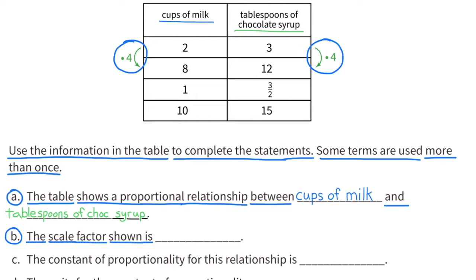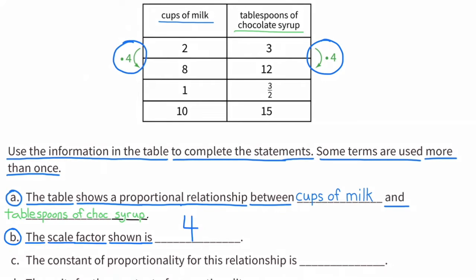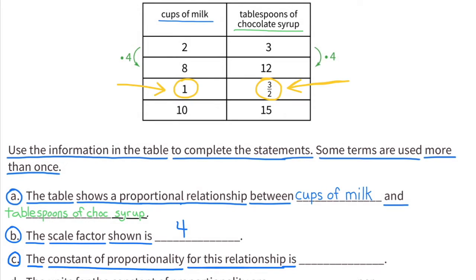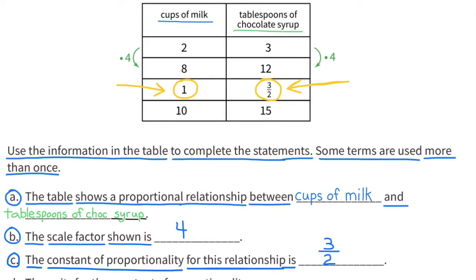B. The scale factor shown is 4, because 2 times 4 is 8 and 3 times 4 is 12. C. The constant of proportionality for this relationship is 3/2, or 1.5, because for every 1 cup of milk, there's 3/2, or 1.5 tablespoons of chocolate syrup.